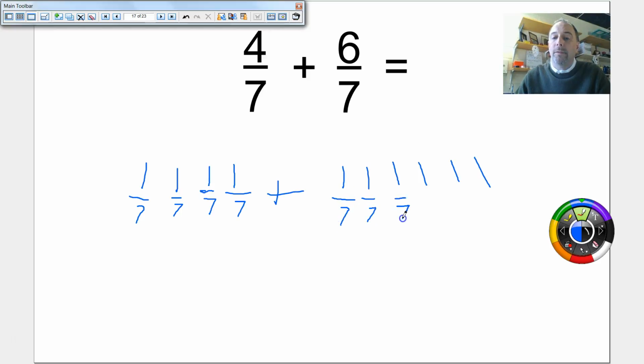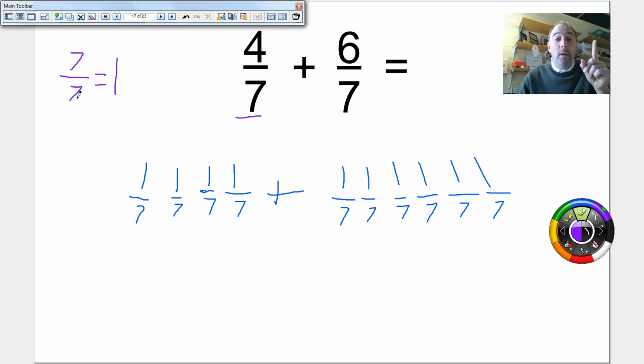Mouse writing for fun and profit. Okay, sorry if those are running uphill there. Now I need to count them up, and I get 10. Oh, but wait, there's a better way to do this. I take a look at my denominator, and I ask myself, how many are in the whole number? That's the W-H-O-L-E number, not the H-O-L-E number. How many in the whole number? Well, 7 sevenths will equal 1 whole. Remember, same number as numerator, same number as denominator, equals 1 whole.